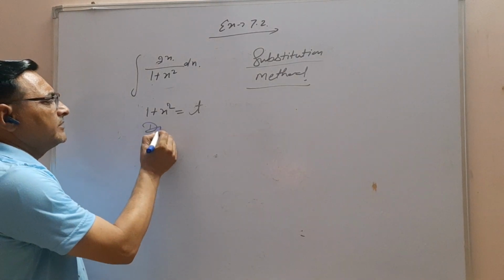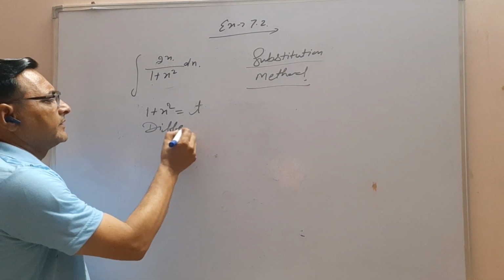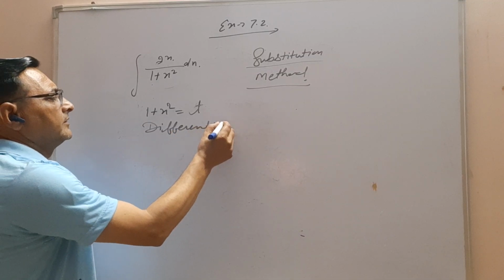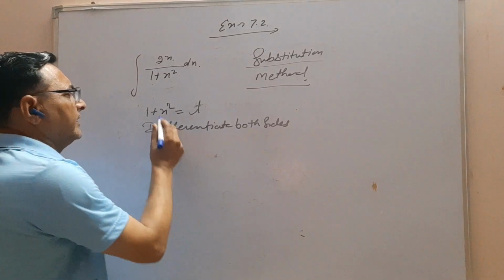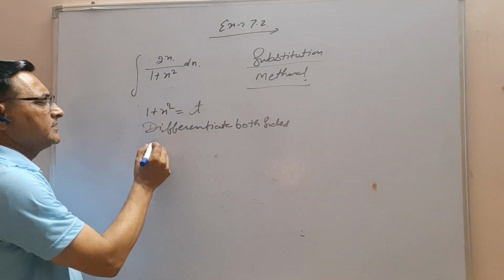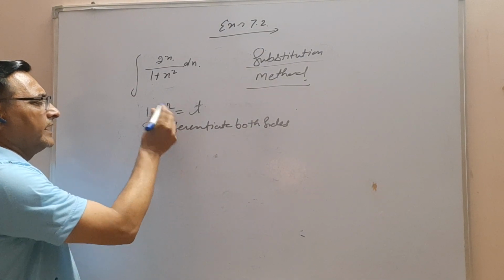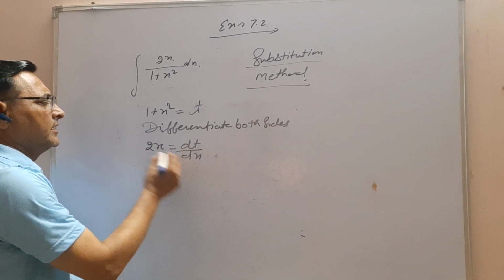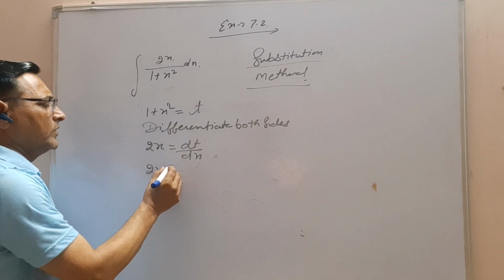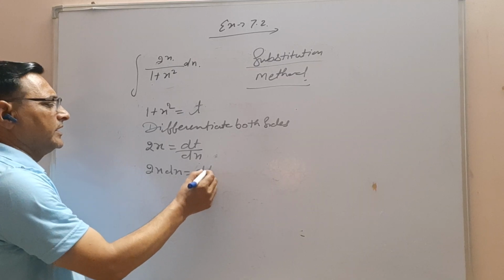Here differentiate both sides and you will write derivative of 1 is 0 and x square is 2x, dt by dx. Cross multiply here, 2x dx is equal to dt.